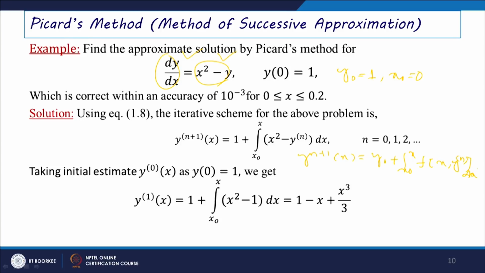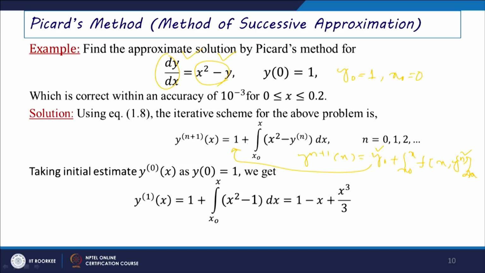So, that is why if you see this problem here, it can be written in the form of f of x y, that is nothing but x square minus y power n, that is nothing but the nth iterated value thereover, and dx is there and y0 is specified as 1 here. So, that is why this value is just replaced by 1 there itself.